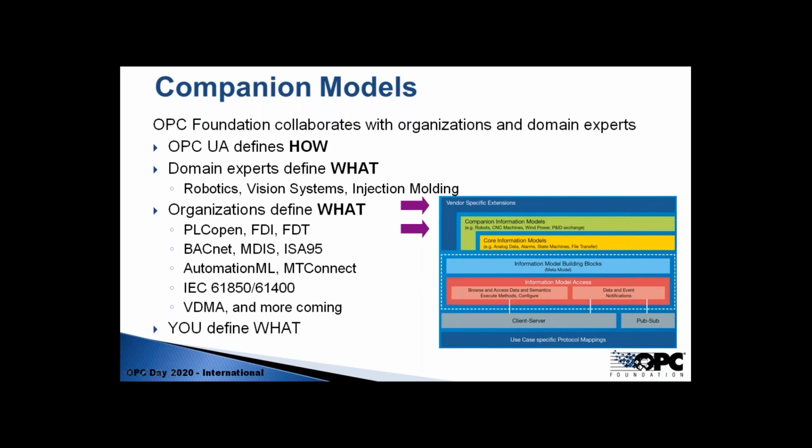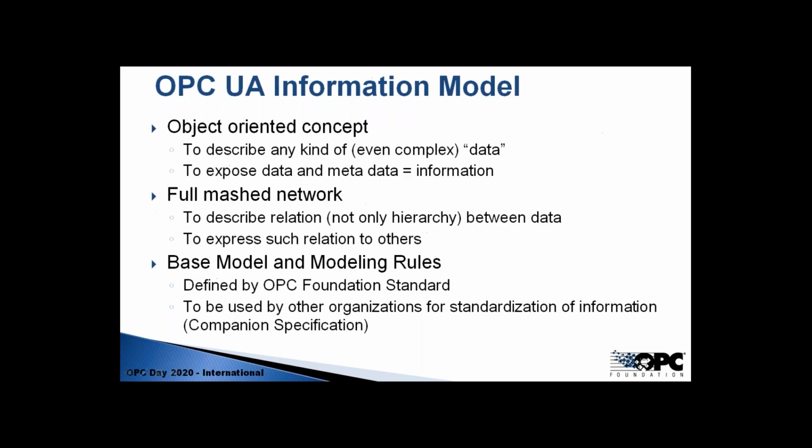And we have collaborations with a lot of organizations that have already done this. I think we have about 50 or more companion specifications ongoing. And on top of that, you can even define what you want. So this is the layered architecture of the information description, all based on the mechanism OPC gives you.